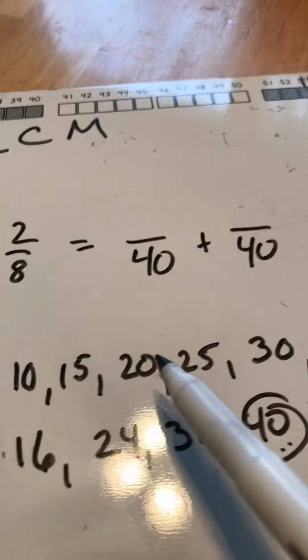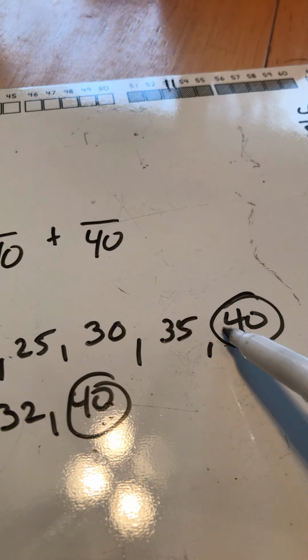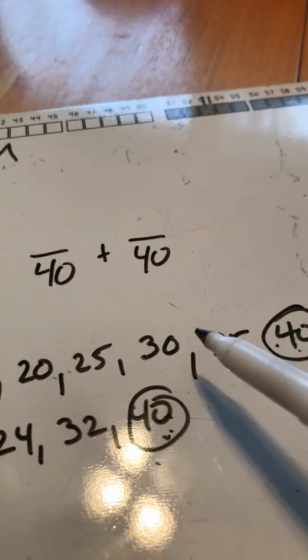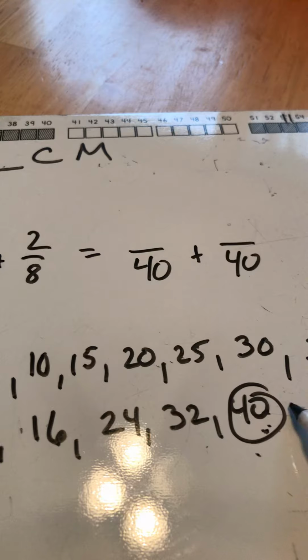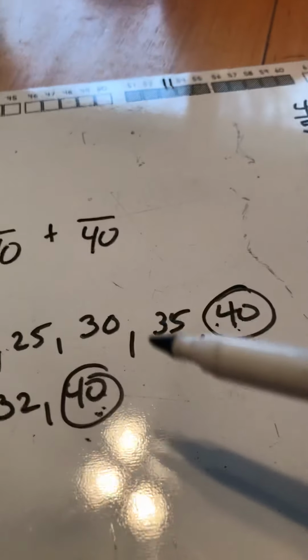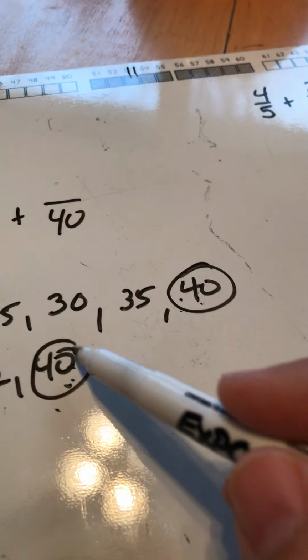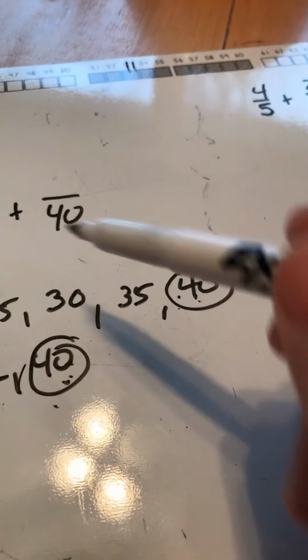So they shared a 40, right? And multiples are skip counting. If we would have continued this, there would have been other numbers that they would have shared. So that's why we just stopped at that first one, because that first one would mean the least.